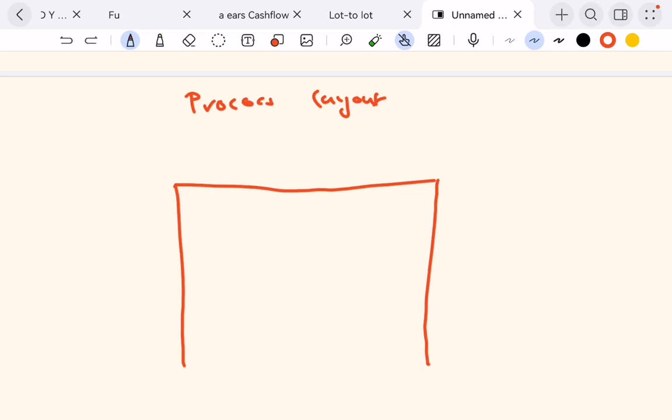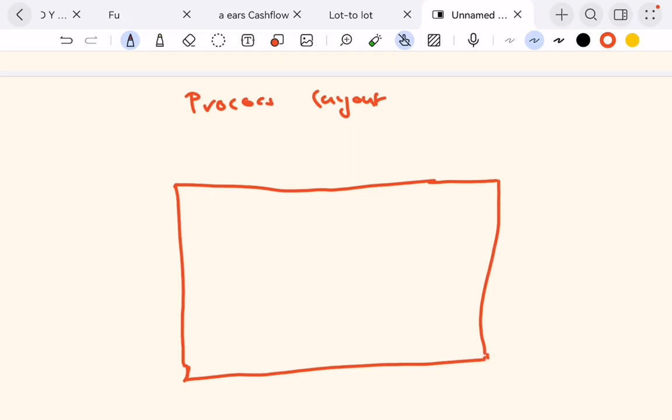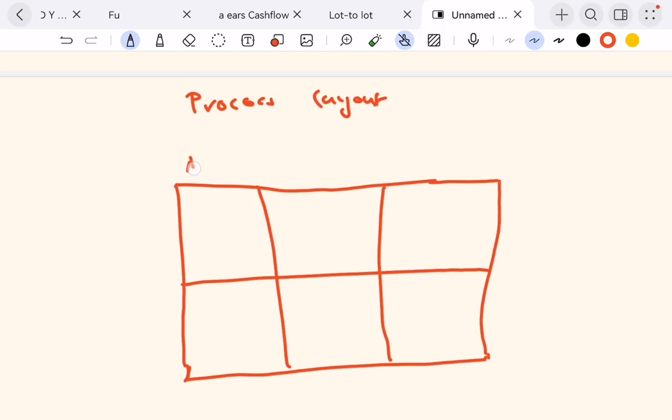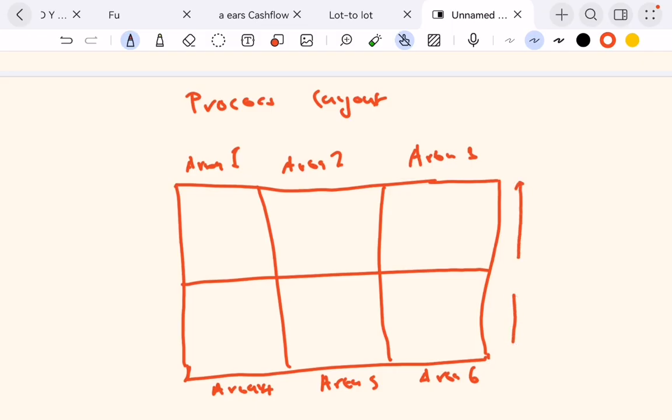There are 6 departments here, so there are 6 diagrams: area 1, area 2, area 3, area 4, area 5, then area 6. This side is 40, then this side is 60.